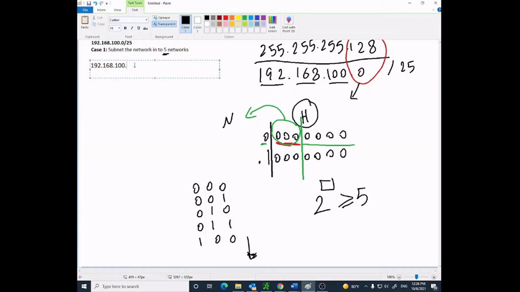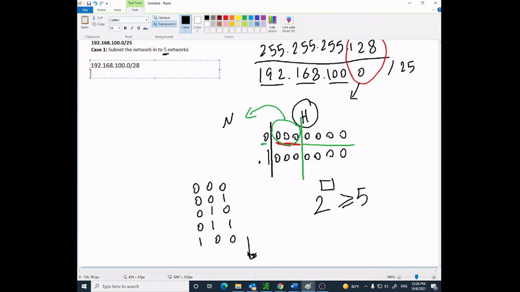Now, my job is to choose the first 3 zeros here for my first network. So those 3 zeros are still here. So I'm going to end up having a 0 here with the prefix. Since I'm borrowing 3, and I originally had my prefix as 25, now it's going to be 28. So that's my first network.